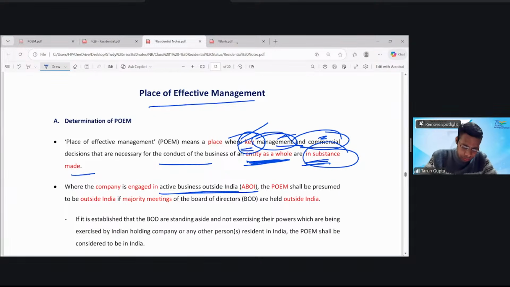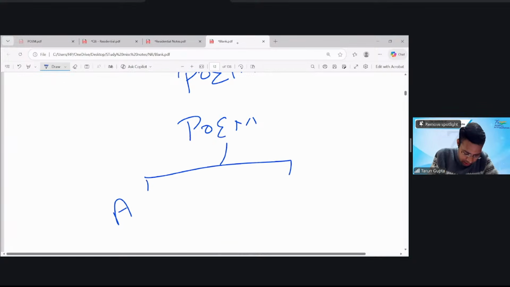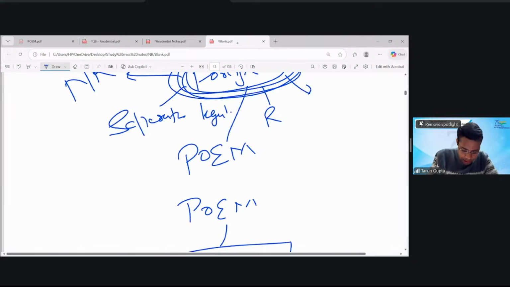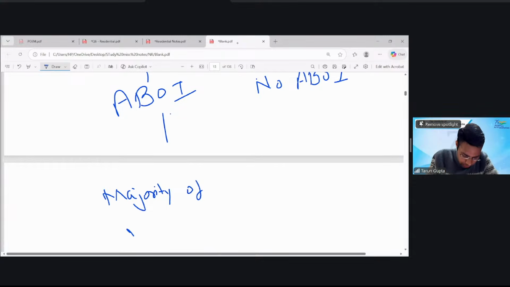If the company has active business outside India, then the POEM shall be at a place where the majority of board meetings happen, not all.